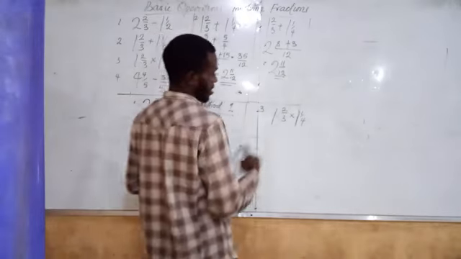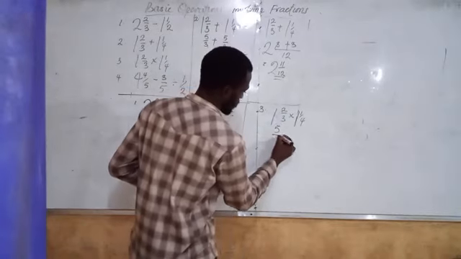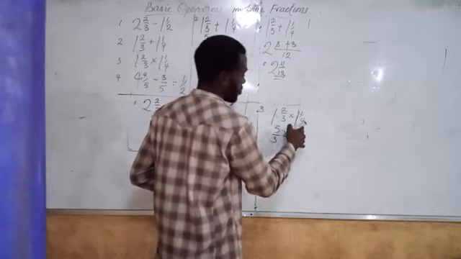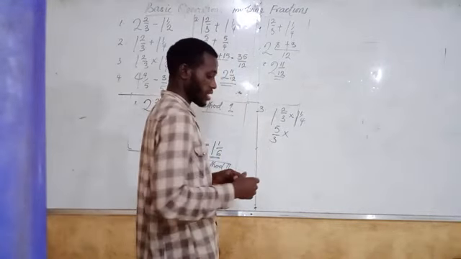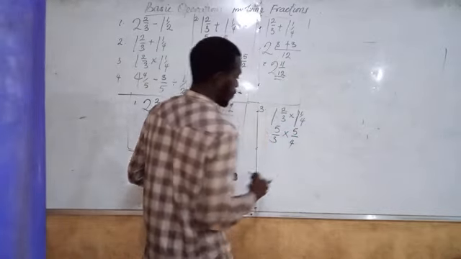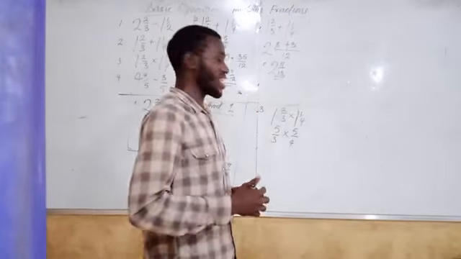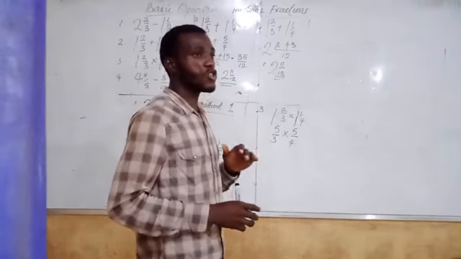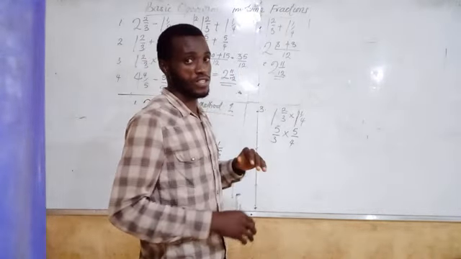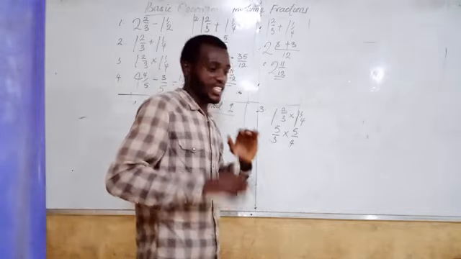So we have this by this, 3 plus 2, we have 5 over 3, multiplied by 4 by 1, that is 4 plus 1, we have 5 over 4. So now the idea here is that we cut numbers that are on top of each other. A number that is on top can only cut a number that is under.